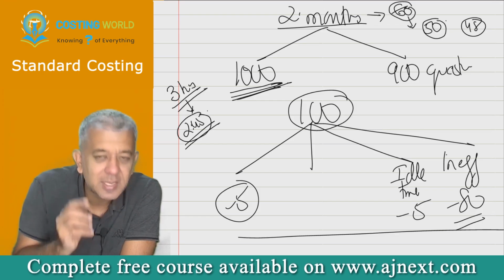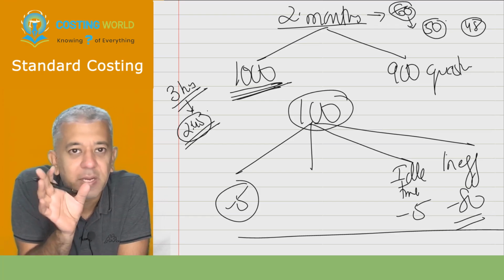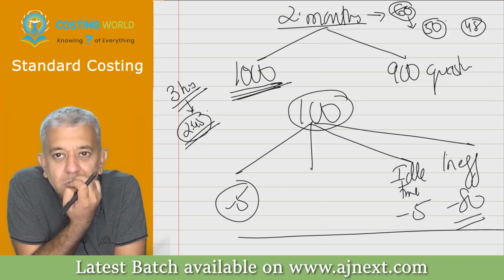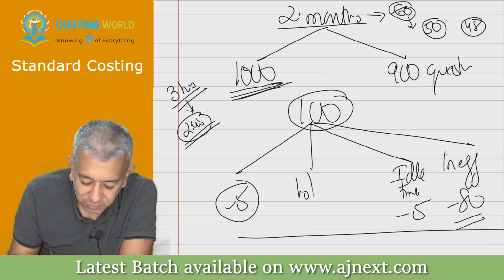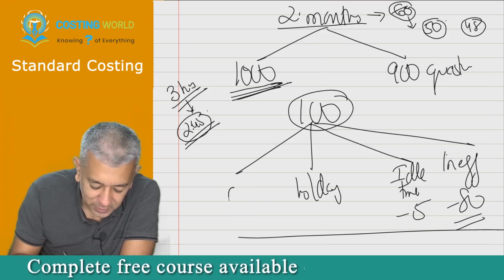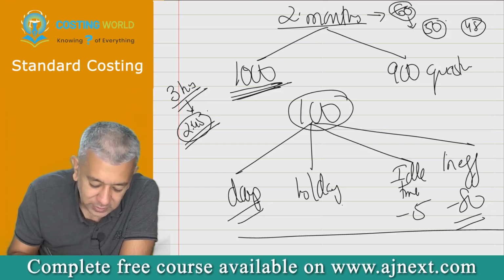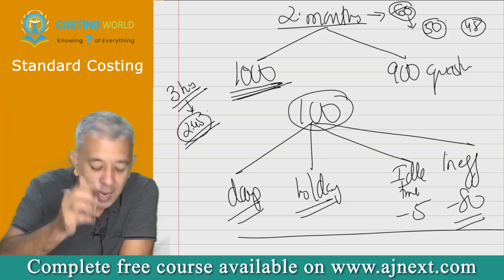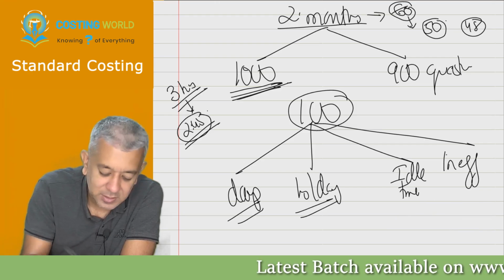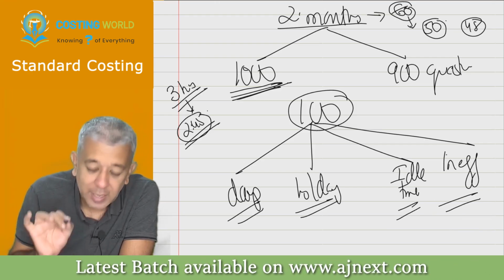So if every day 15 minutes get wasted, many questions will not get solved. So this is the reason of hours per day. My first reason is because of days. Second reason is hours per day. Third reason is idle time. Fourth reason is that you all are inefficient.